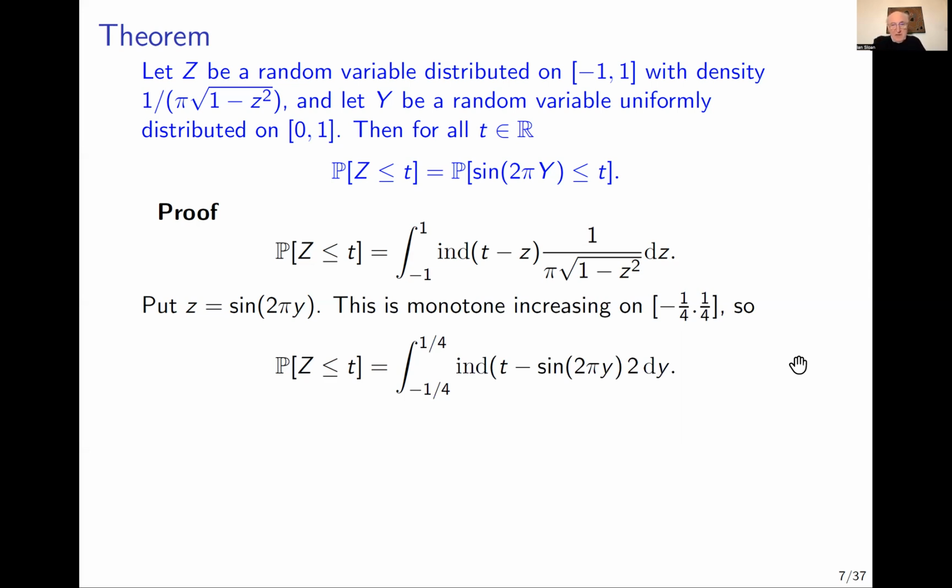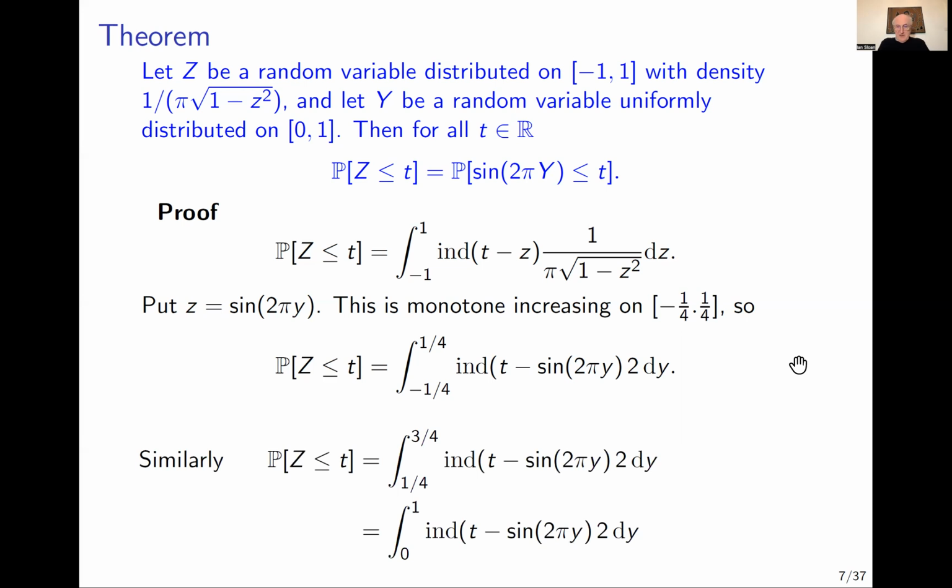So we make a change of variable on that interval in a straightforward way, and that gives us the probability that z is less than or equal to t as an integral of this indicator function of t minus sin(2π y) dy. Similarly, it's monotone on the interval from 1/4 to 3/4, the same way, monotone the other way.